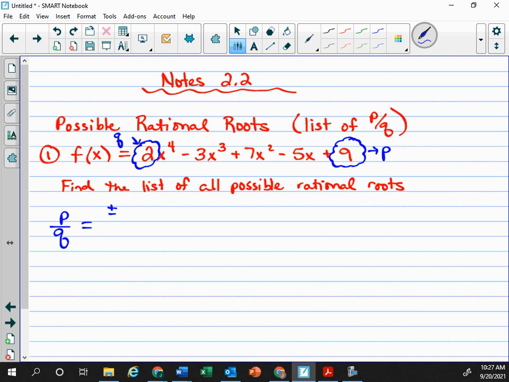I'm not going to make you write it with every single number. But I would say the factors are positive or negative 1, 3, and 9. You don't need to list the 3 twice. And then over, what are the factors of 2? 1 and 2. Also negatives, right? Okay. So plus or minus 1 or 2.